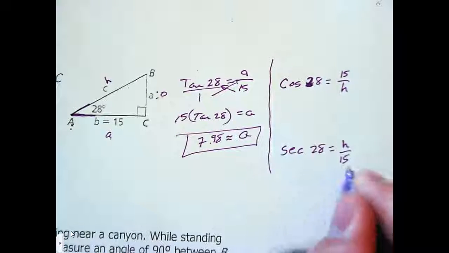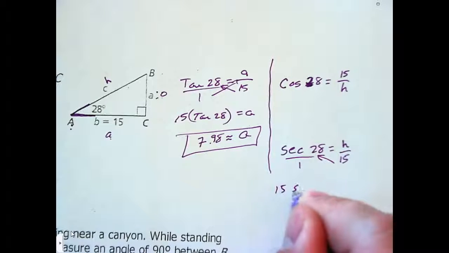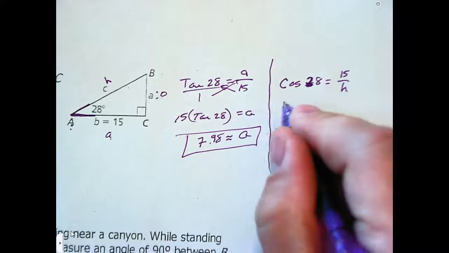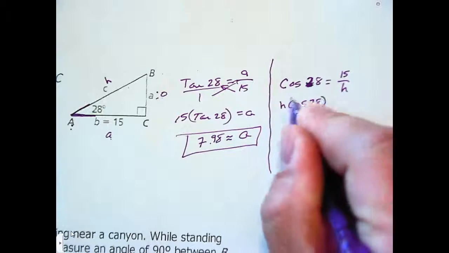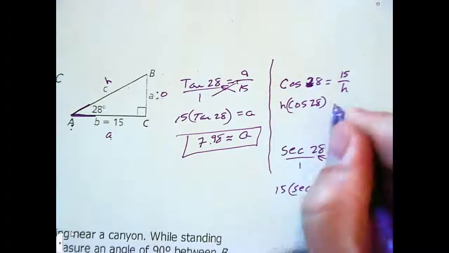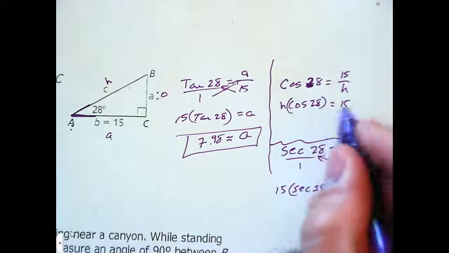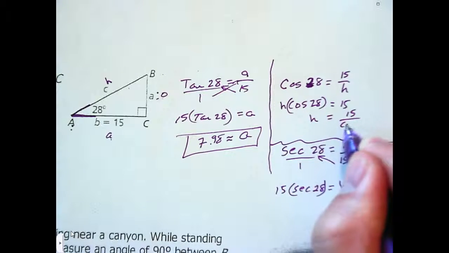It's up to you. Either way, you'll get the same answer. This would give you 15 secant 28 equals h. This one would give you h times cosine 28 equals 15. The extra step involved here, you'd have to divide 15 by cosine 28.